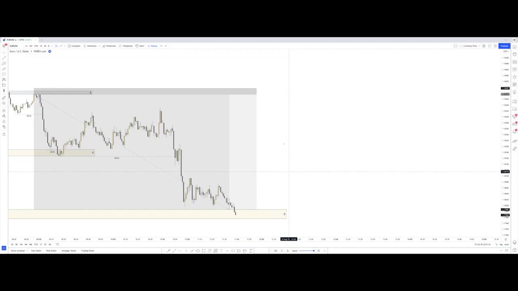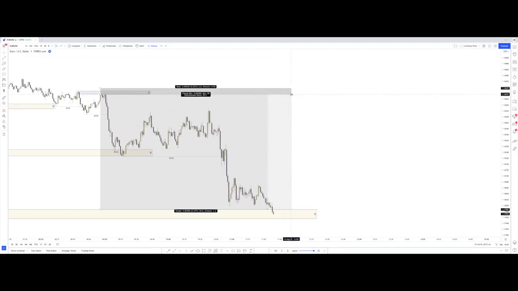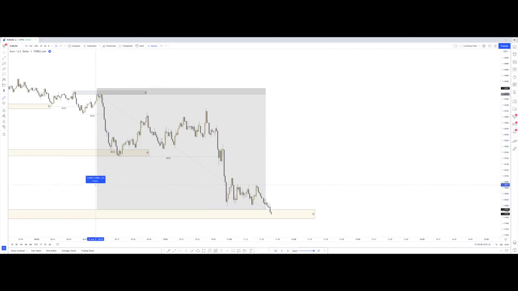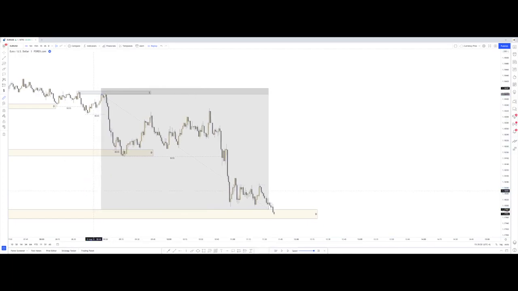Yeah, there we go. So it hit the full take profit, which would be about 19 and a half risk to reward ratio. So if you're risking 1% capital, that's almost 20% gained in one single trade. And it took a total of 2 hours.